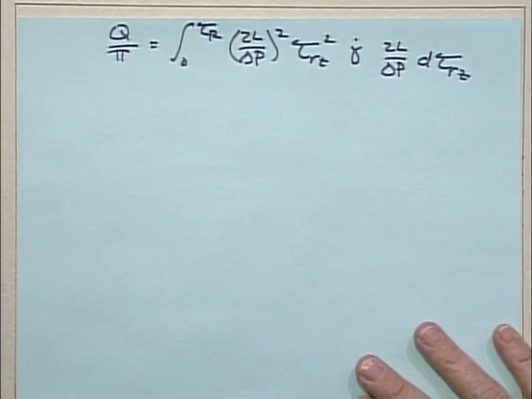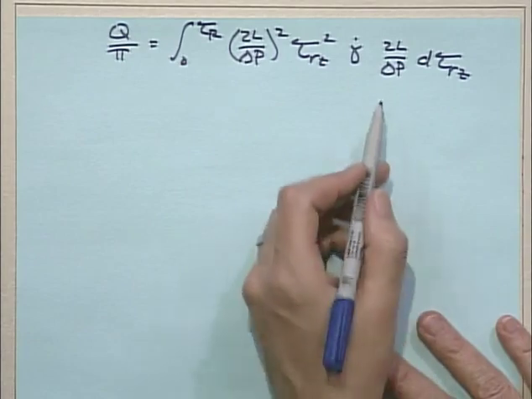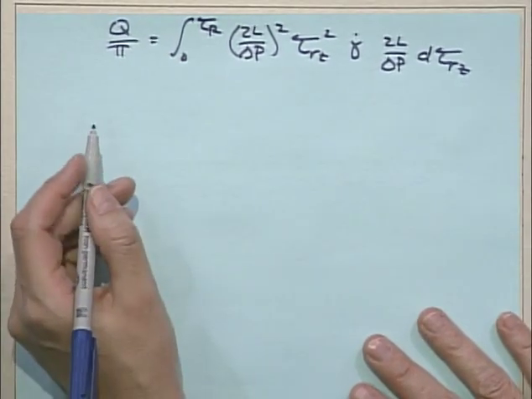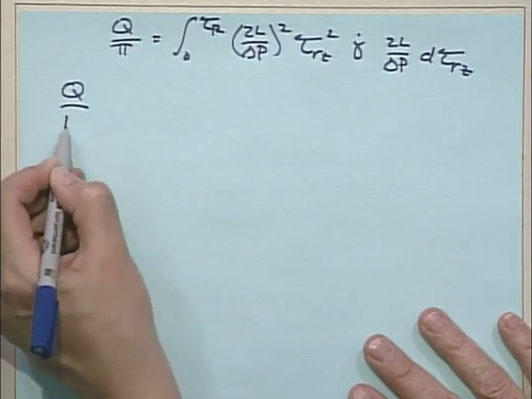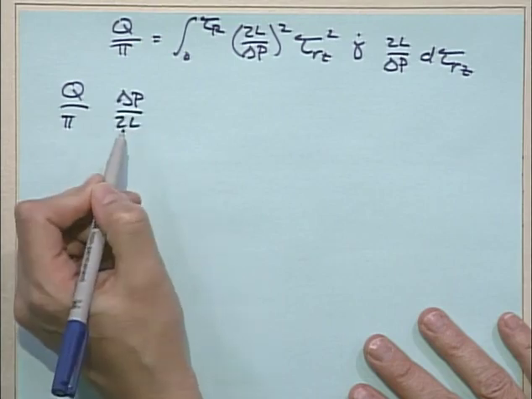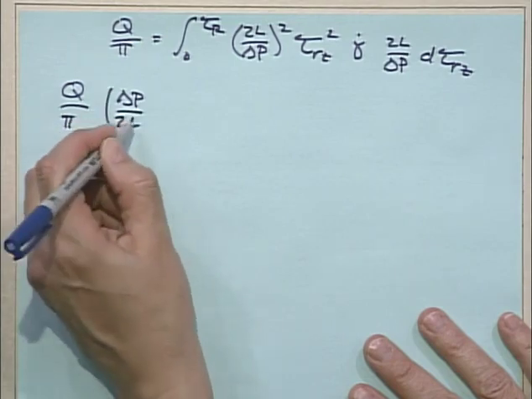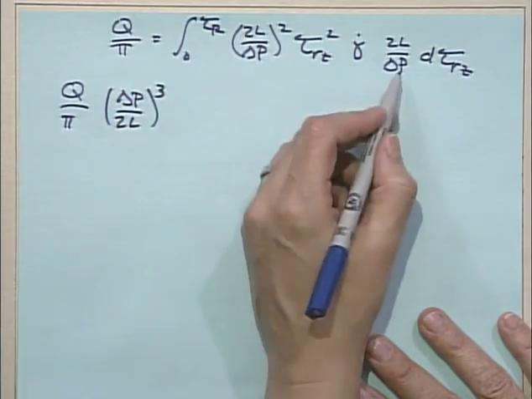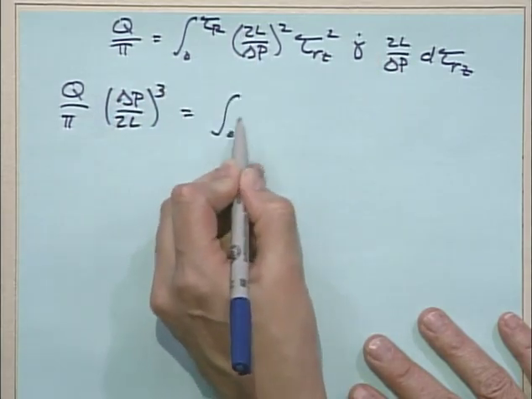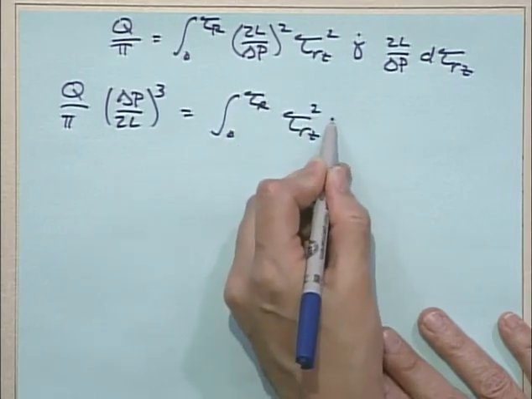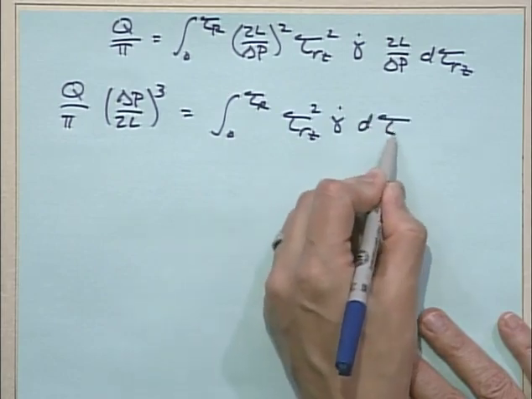Oh, never mind. Got it? I'm going to take all my constants out and move them to the left again. That's my strategy for not making algebra mistakes. So I've got Q over pi, I've got delta P over 2L cubed, equals the integral from 0 to tau R of tau rz squared, gamma dot, d tau.